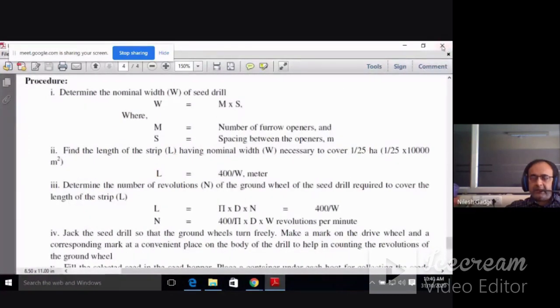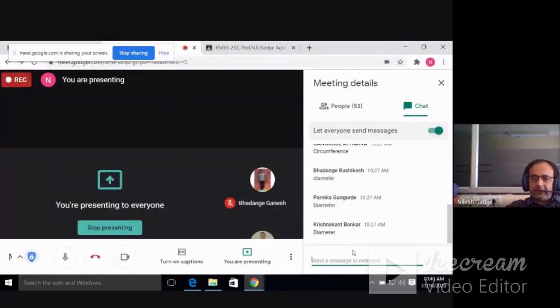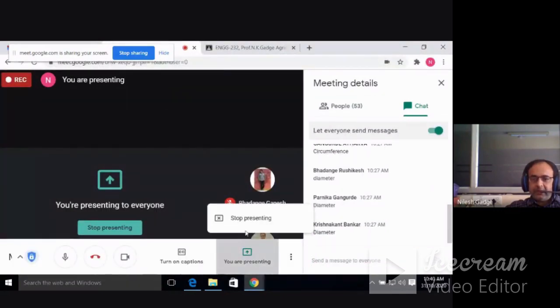So we have explained this, which I have explained to you, the calibration of the seed drill. There are some videos on YouTube also, so you may see the calibration of the seed drill there.